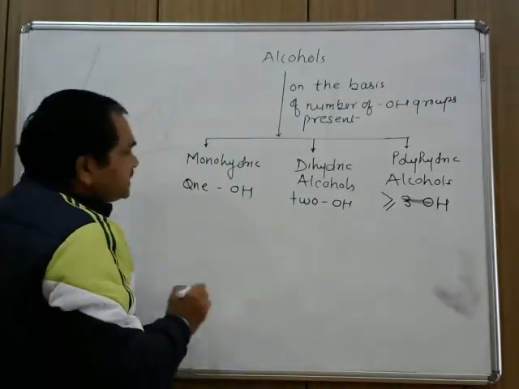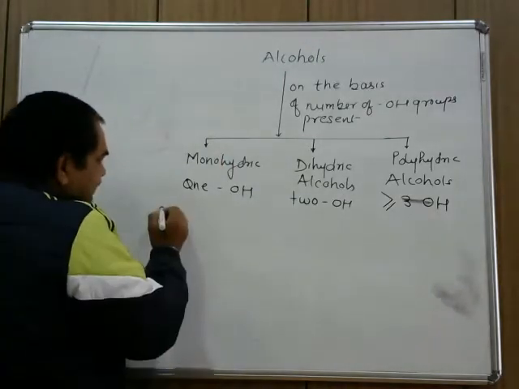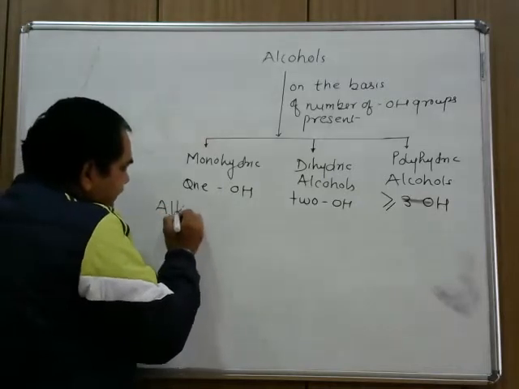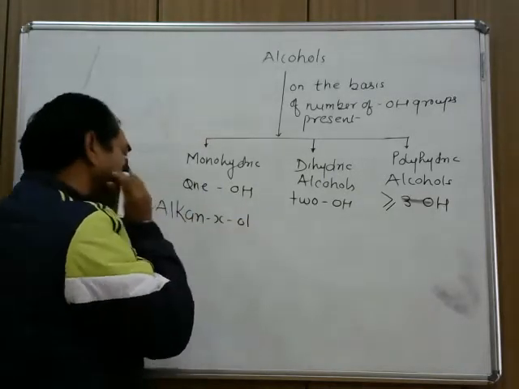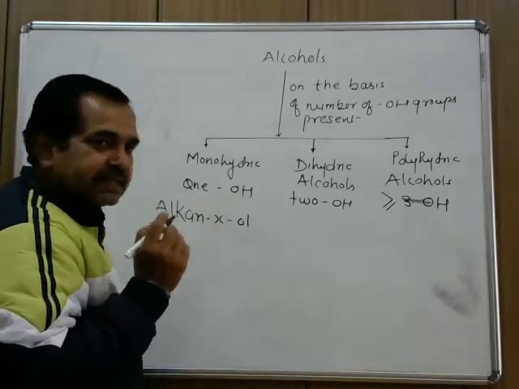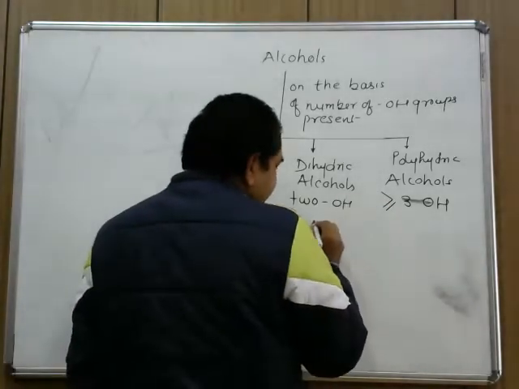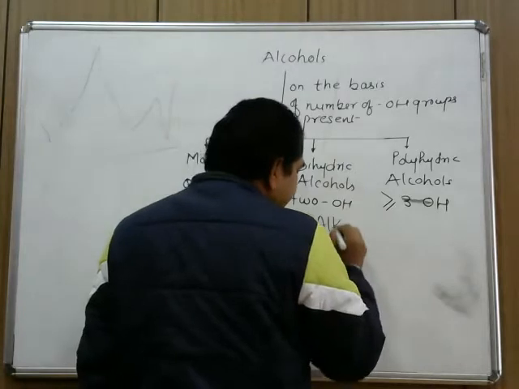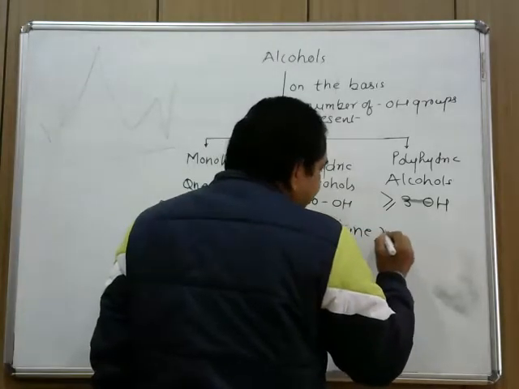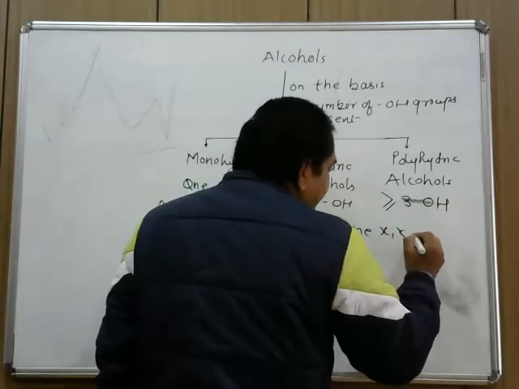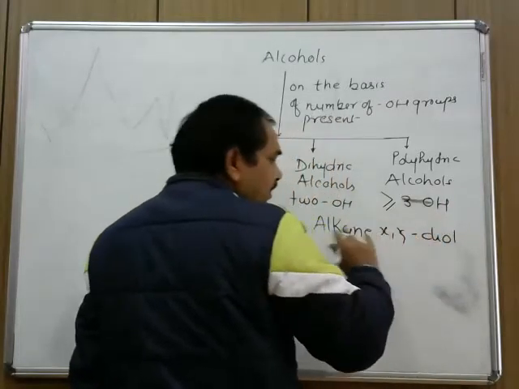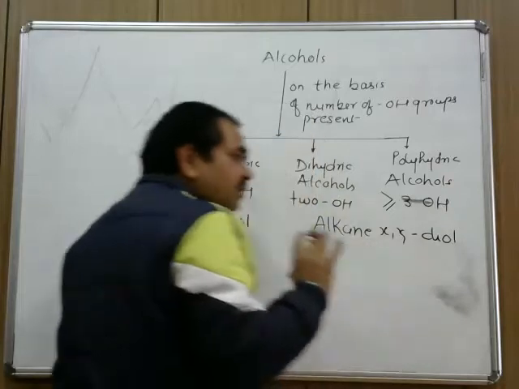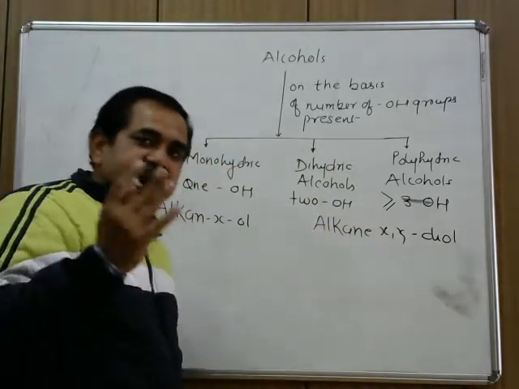And in the IUPAC system, they are named as alkane-X-ol, and for them we write alkane-X,Y-diol or X,Y,Z-triol or so on onwards.